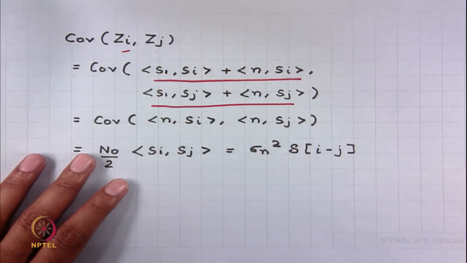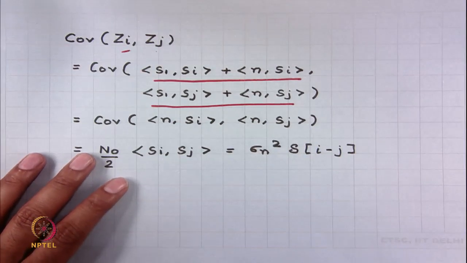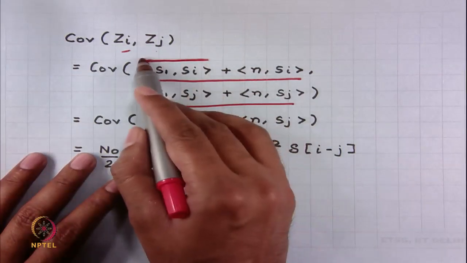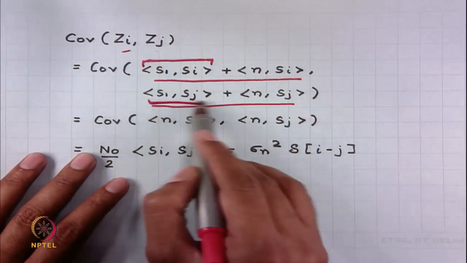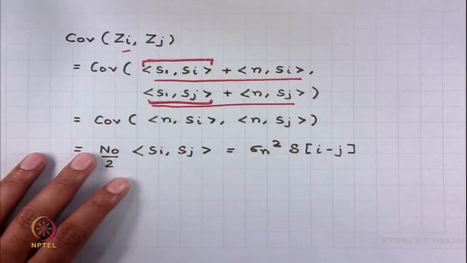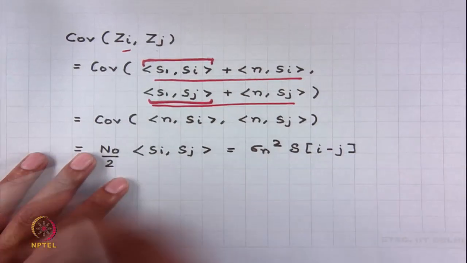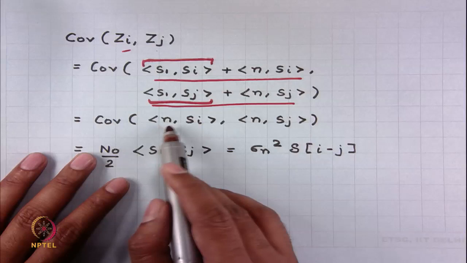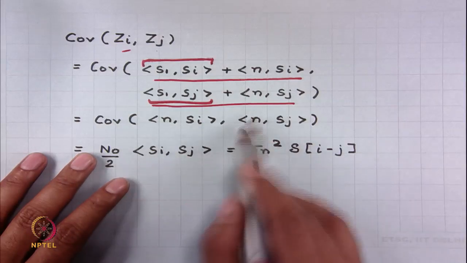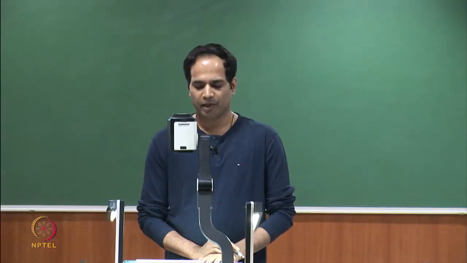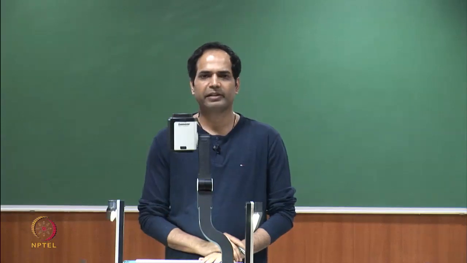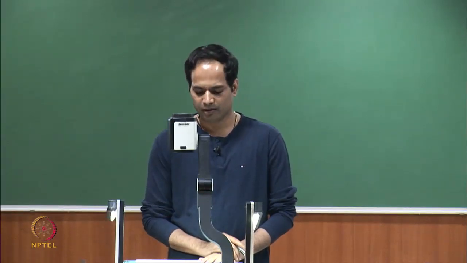Covariance is not influenced by constants. This is a constant term, and this is a constant term. So, you can remove these constants, and thus this covariance reduces to this covariance. Here we are finding the covariance of the inner product of n with Si with the inner product of n with Sj, and we have solved this several times in this course.